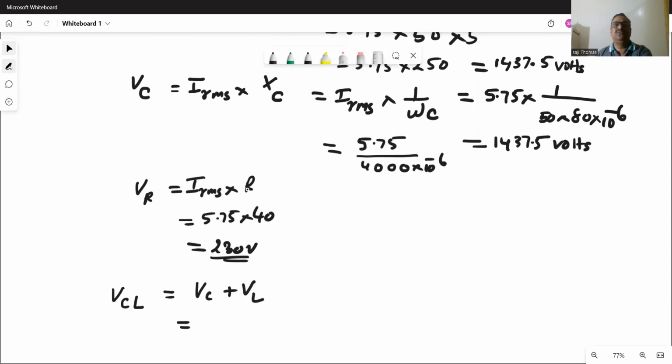What is VC? You found 1437.5. VL is negative, you know, because the capacitor voltage is lagging the current and the inductor voltage is leading the current. So VL becomes negative 1437.5. So you are getting 0. So we proved that also.